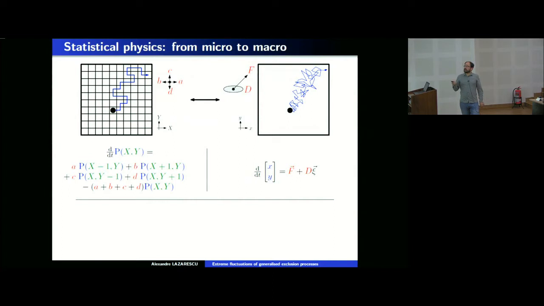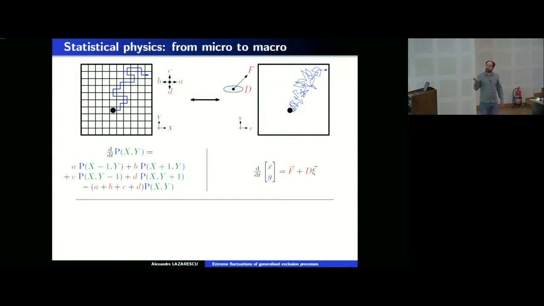And at the large scale, if those rates are not symmetric, the particle will move according to this equation where I forgot a square root around the d here, which comes from the possible asymmetry between those rates. And then around that constant drift, the particle fluctuates with a certain amplitude d, which multiplies a Gaussian white noise, and now there should be a square root. This is the really simplest case.